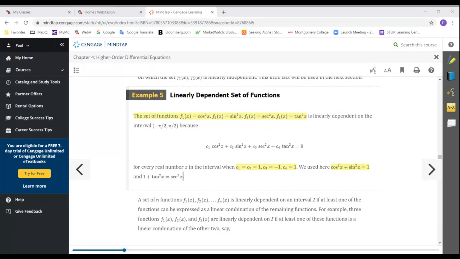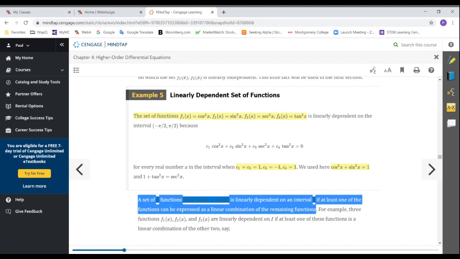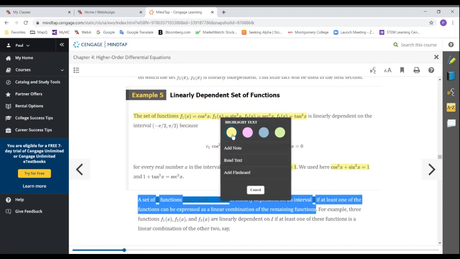Well, I understand what you're saying. Here's another way you can think of it. You see below here in the MindTap, they're saying this might be a nicer way to think about it.